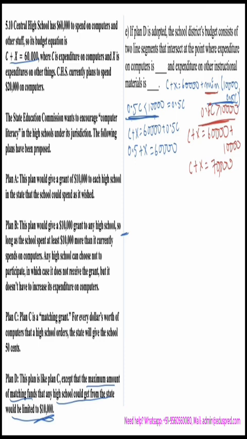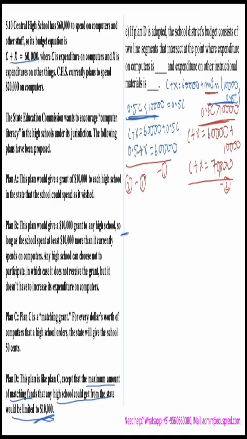Now the question says where these two scenarios will intersect. That means, so this is C, where will this budget line and this budget line intersect each other? For that, let's call this budget line number 1 and this number 2. So let's subtract 1 from 2.